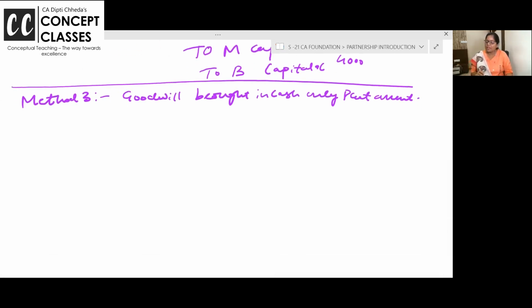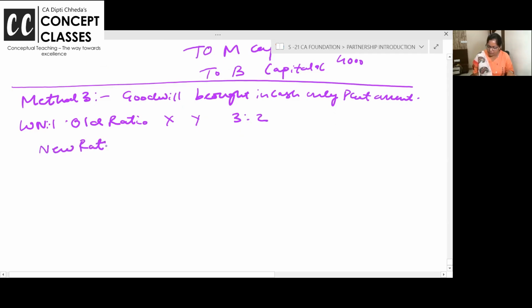Let us see. Shall we start with the working note only? Old ratio, new ratio, let us do all that. What is the old ratio? X and Y, 3:2. New ratio: X, Y, and who is admitted? Z. Z is admitted with 1/5 share.